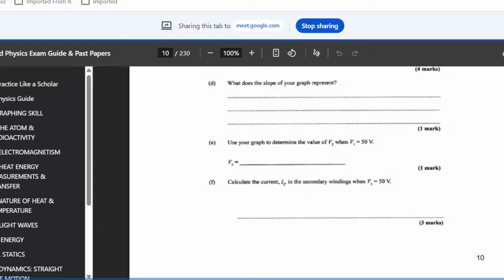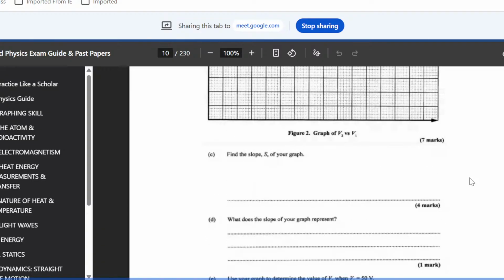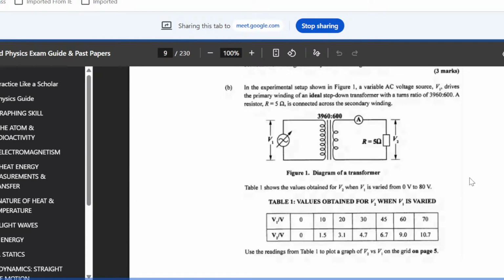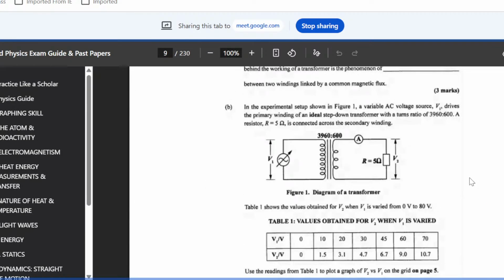Yes, does somebody have a question? Is there a resistance value? There is a resistance value. Okay, so why do you ask about resistance? V2 equals I2 times R2.